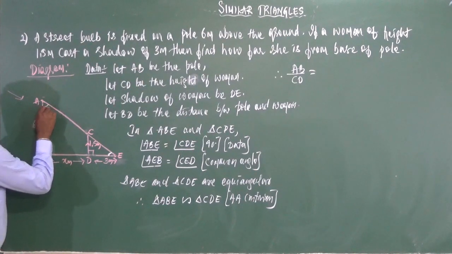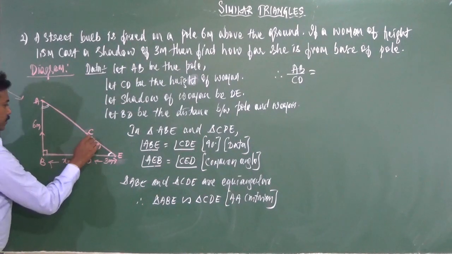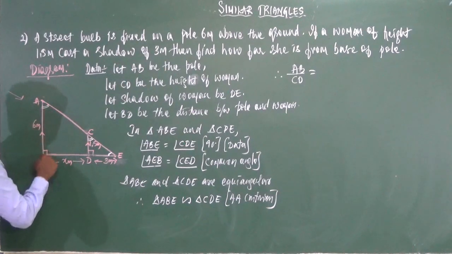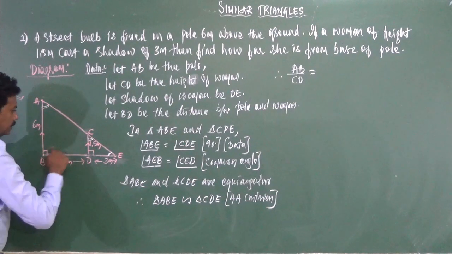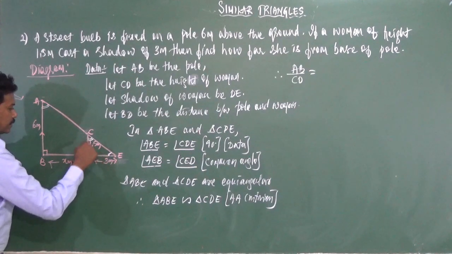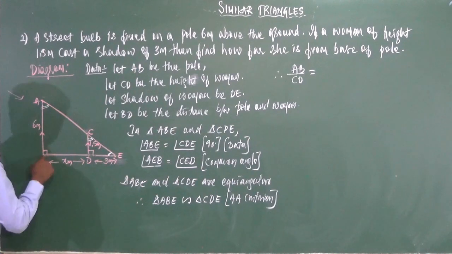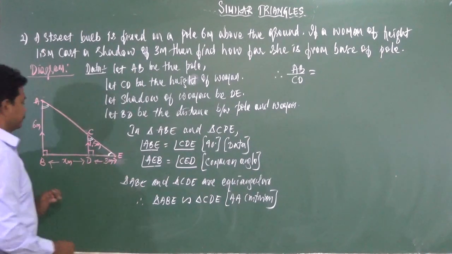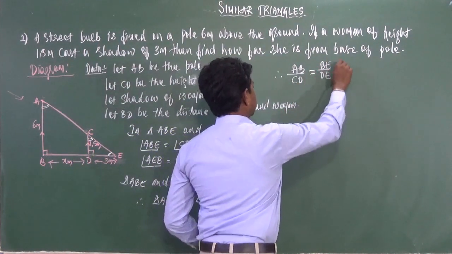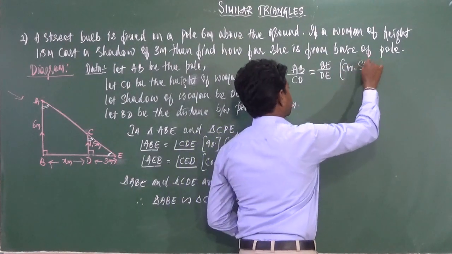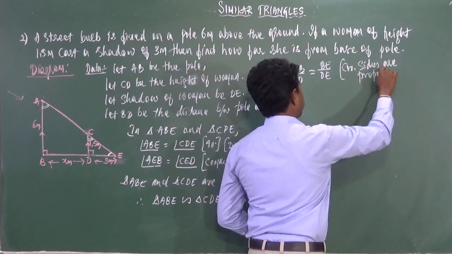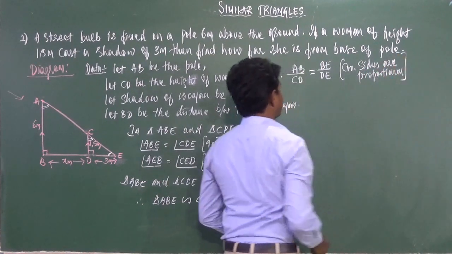In triangle ABE, the side opposite to the third angle is BE, and in triangle CDE, it is DE. So BE by DE. The reason is corresponding sides are proportional, right?